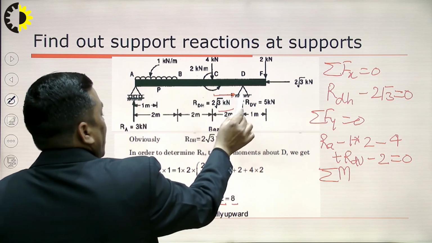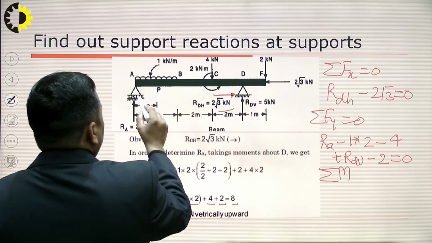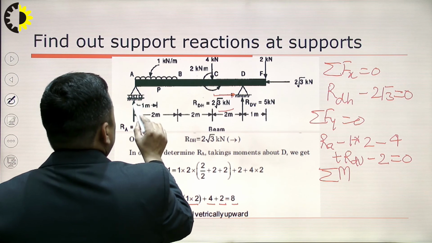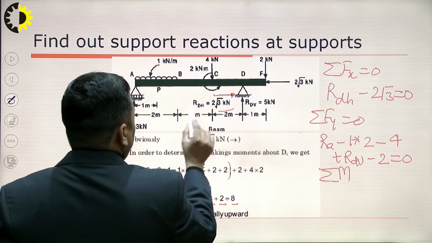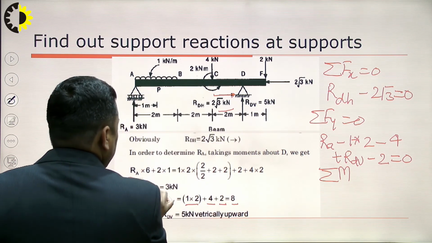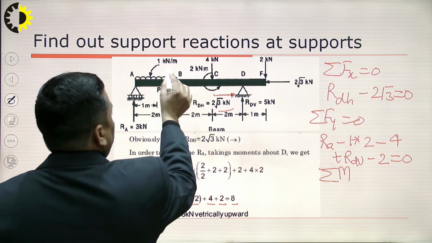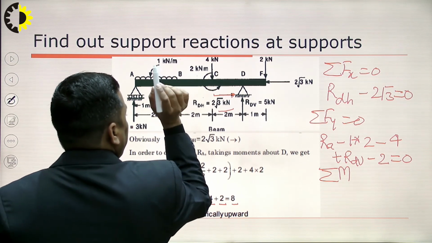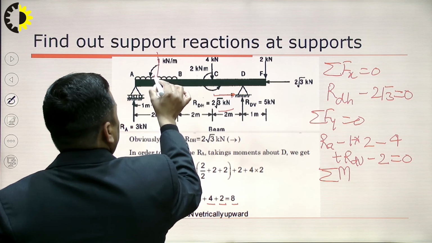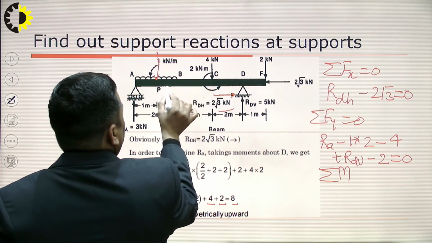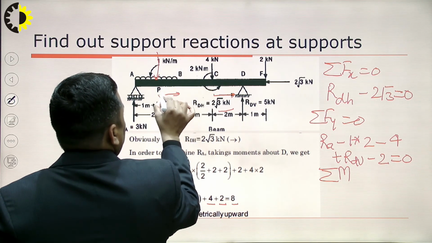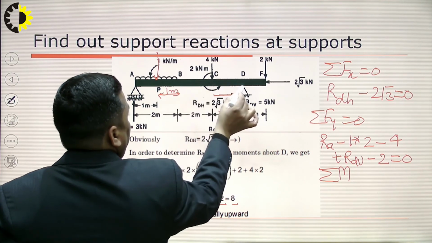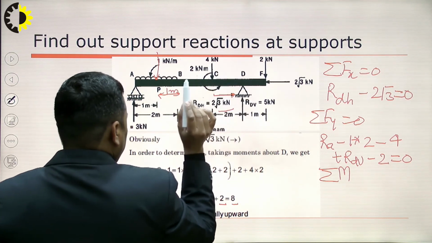So now take moment about point D. Moment due to Ra: Ra into perpendicular distance, Ra into 6. Then moment due to UDL. So 1 into 2 is the load, effective at the midpoint. From here the distance will be 1 meter, and from point D the distance will be 5 meters.